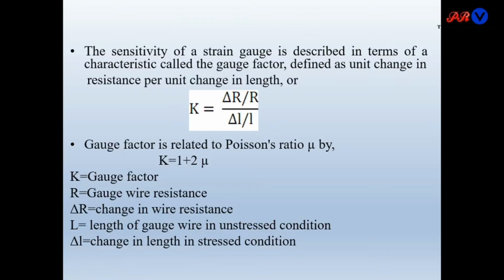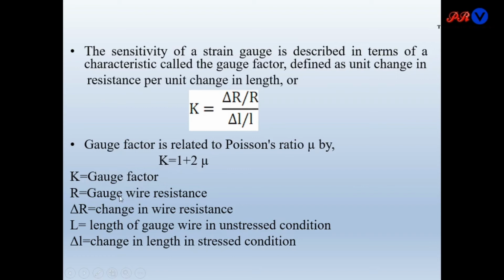The sensitivity of a strain gauge is described in terms of a gauge factor K. The important parameter of a strain gauge is the gauge factor, because it decides the sensitivity of the strain gauge, and it is given by delta R by R divided by delta L by L. The gauge factor is related to Poisson's ratio nu by K equal to 1 plus 2 nu, where K is GF, the gauge factor.